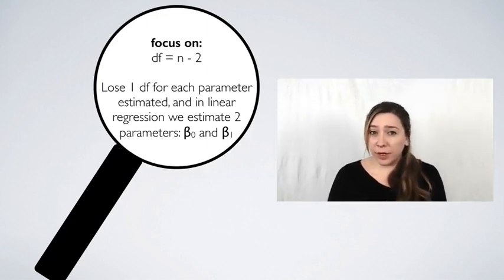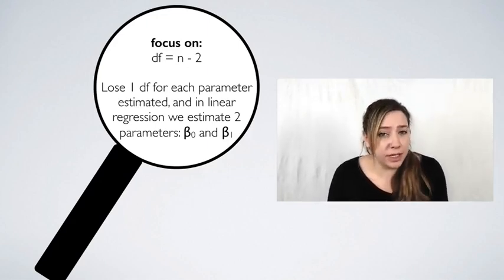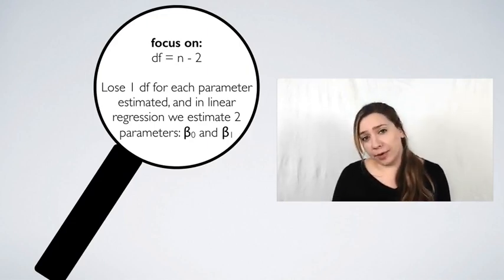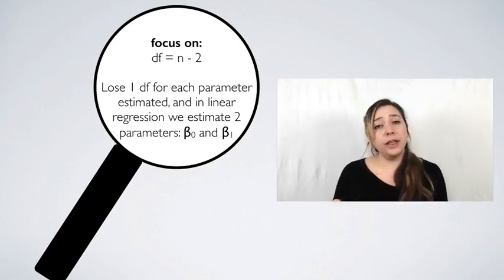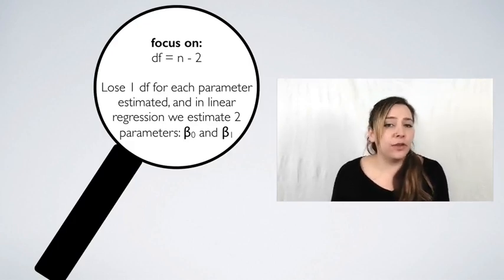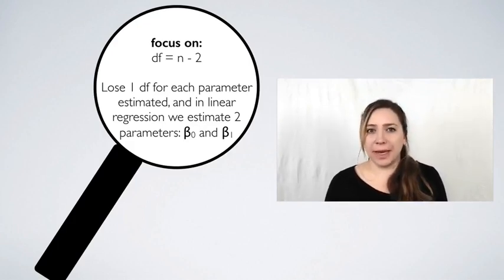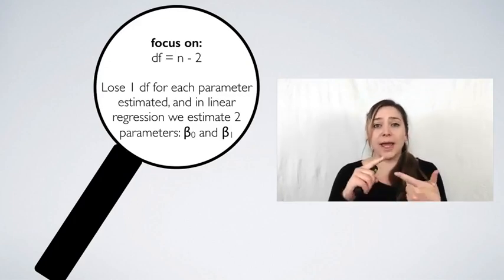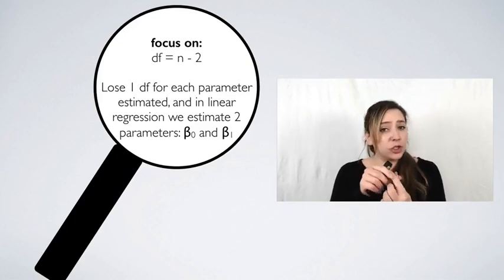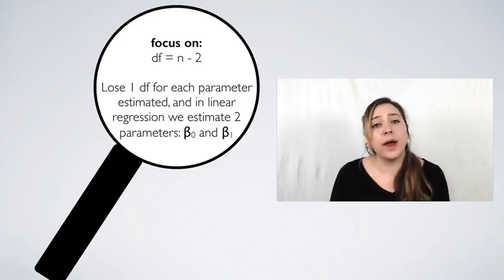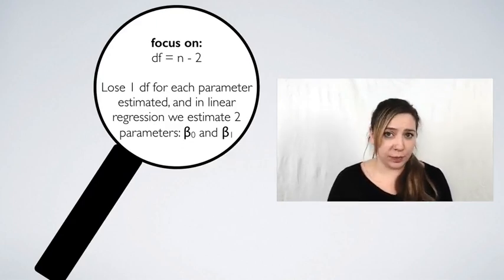Remember that with the degrees of freedom, we always lose a degree of freedom for each parameter that we estimate. And when we fit a linear regression, even if you're only interested in the slope, you always also end up estimating an intercept as well. And since we're estimating both an intercept and a slope, we're losing 2 degrees of freedom. And that's why in linear regression, the degrees of freedom associated with the t-score is n minus 2.